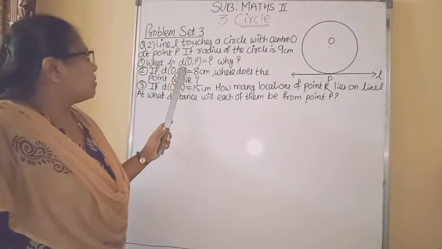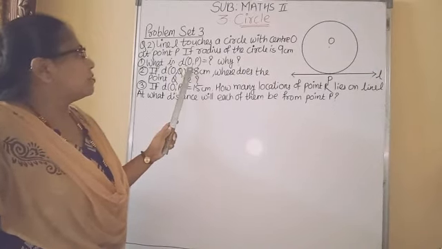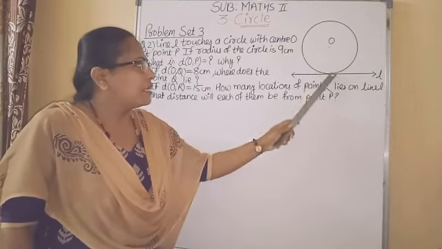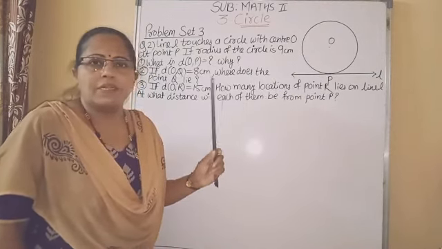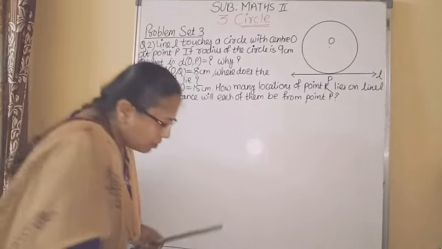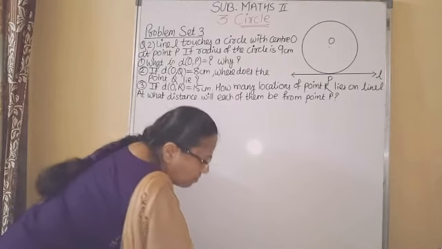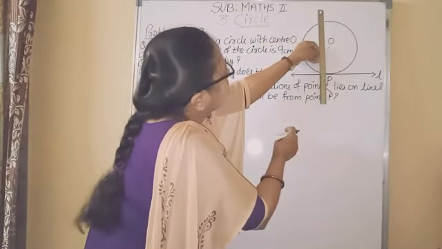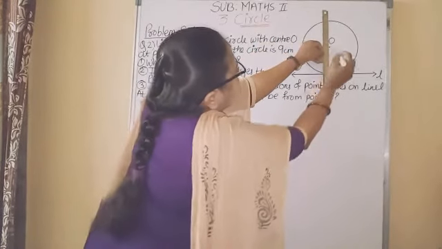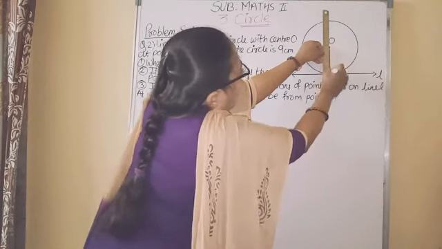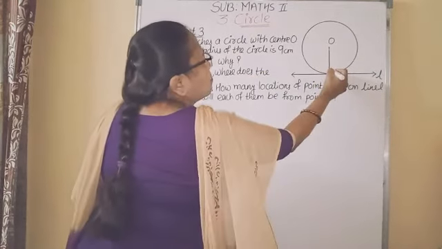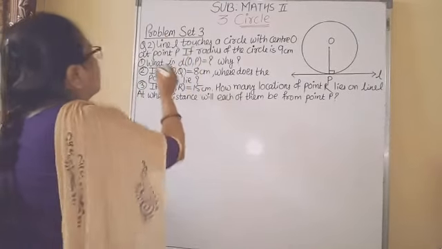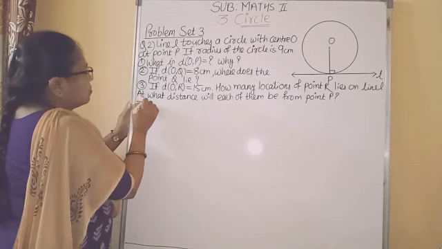So the answer of the first question is distance OP is 9 centimeters because it is the radius of the circle. First draw segment OP, and it is perpendicular to line L. So we will write the answer of the first question.